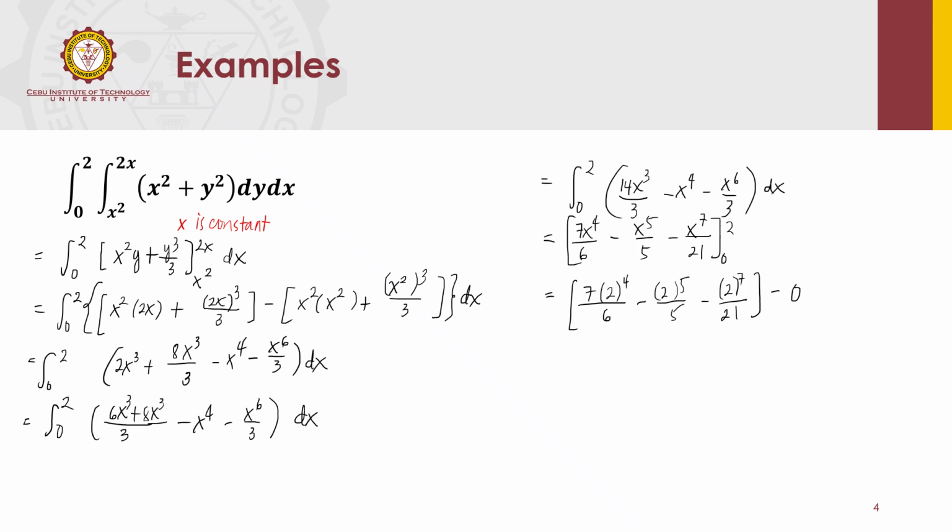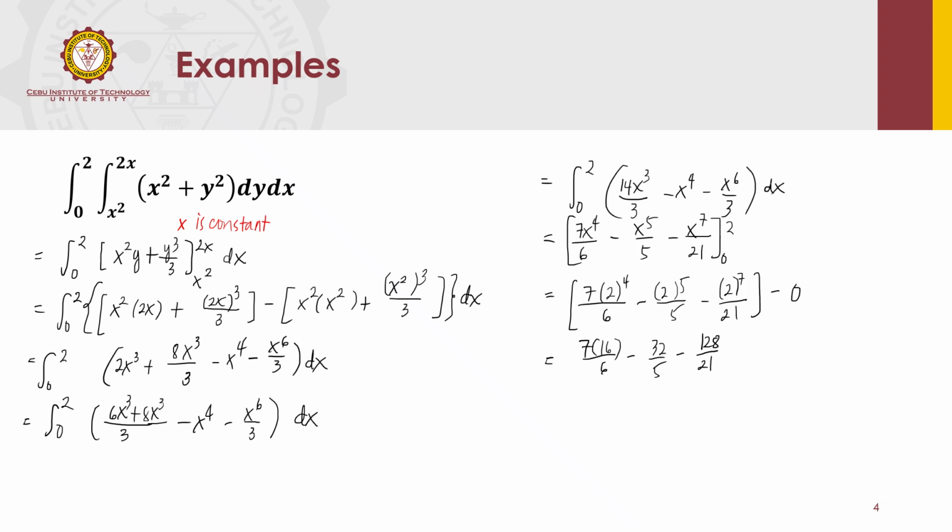You don't need to write the plugging in of 0 to the three terms. All right, so we have 7 times 2 to the power of 4, that's 16, over 6, minus 2 to the power of 5, that's 32, over 5, and 2 to the power of 7 is 128, over 21.